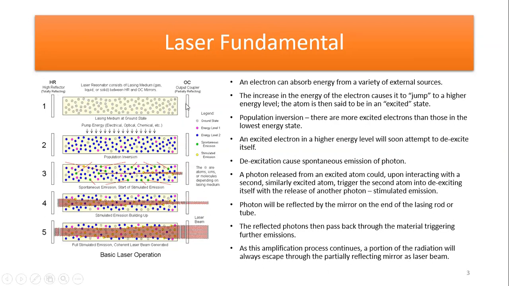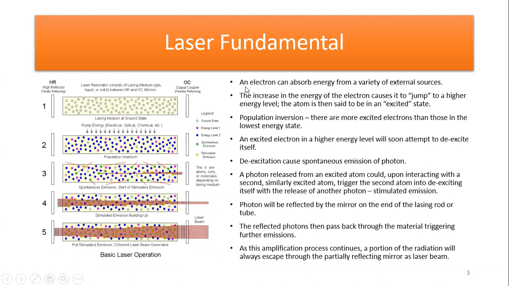On the other side is the output coupler, which we call a partial reflecting mirror, so some of the light will be reflected, and some of the light will go through this mirror. So you have basically two mirrors. One is a 100% reflecting mirror, the other is a partial reflecting mirror. And in the center you have a tube, with a lasing material inside the tube.